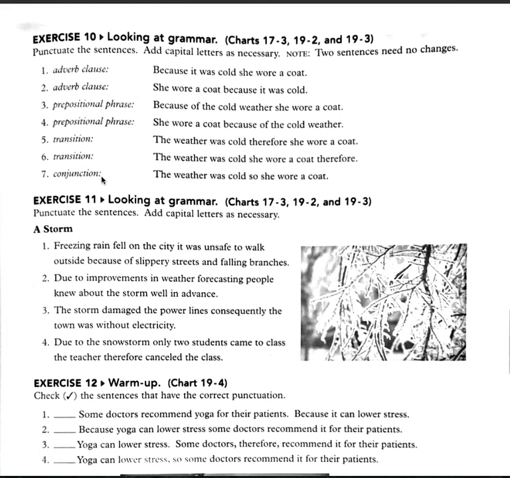So you're going to use different punctuation marks. And remember, 2 of these sentences do not need any changes. No punctuation, no capital letters. If you use a period, you have to capitalize. I'll give you a couple of minutes to look over these. Add punctuation marks where necessary and capitalize where necessary. If there is no change, just say NC or put NC. Okay? After the sentence, wherever it is, 2 of those sentences.